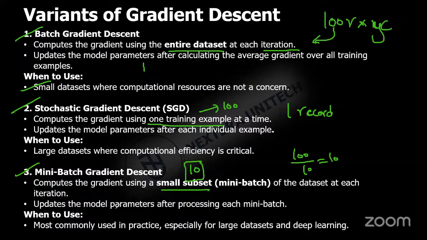After each and every batch, the model parameters will be updated. So it updates the model parameters 10 times. It is generally used in case of large data sets, and this is what we implement also. We'll go with mini batch gradient descent only, guys.